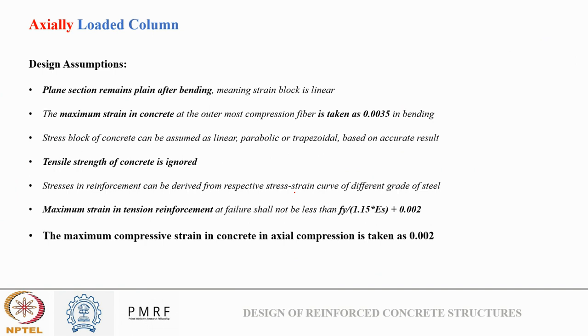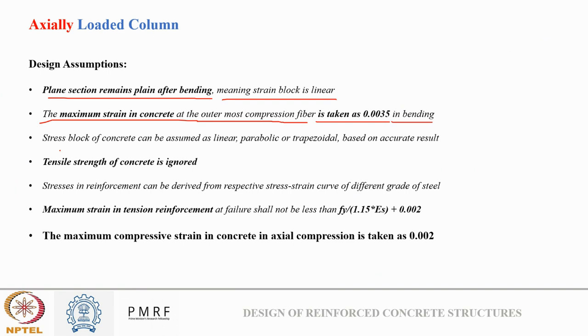Now, while designing axially loaded columns, there are certain assumptions given in IS 456. Most of these assumptions we know from the design of beams also, so I will just quickly move through them again. What are these assumptions? Plane sections remain plane after bending. This means that my strain diagram is linear. Second, the maximum strain in concrete at the outermost compression fiber is taken as 0.0035 in bending.